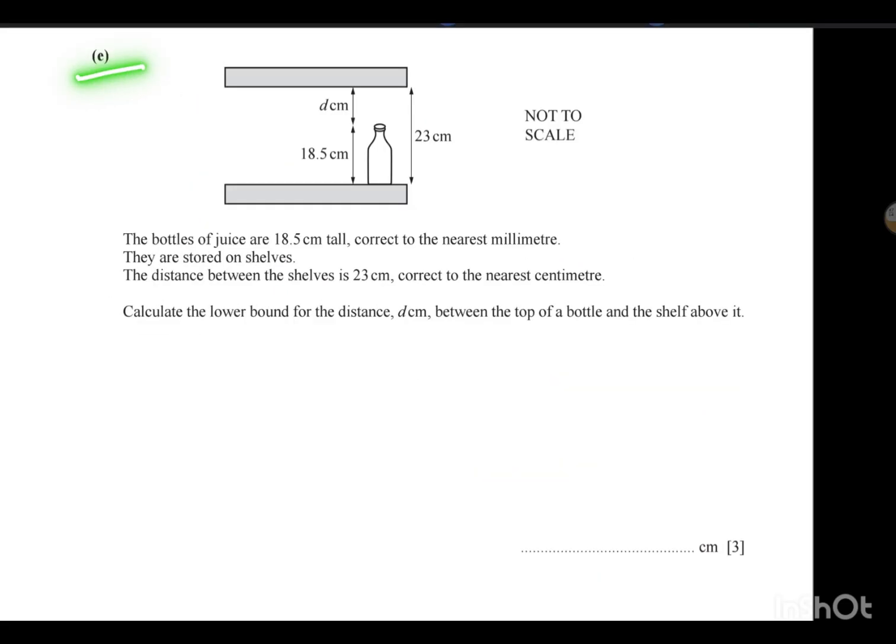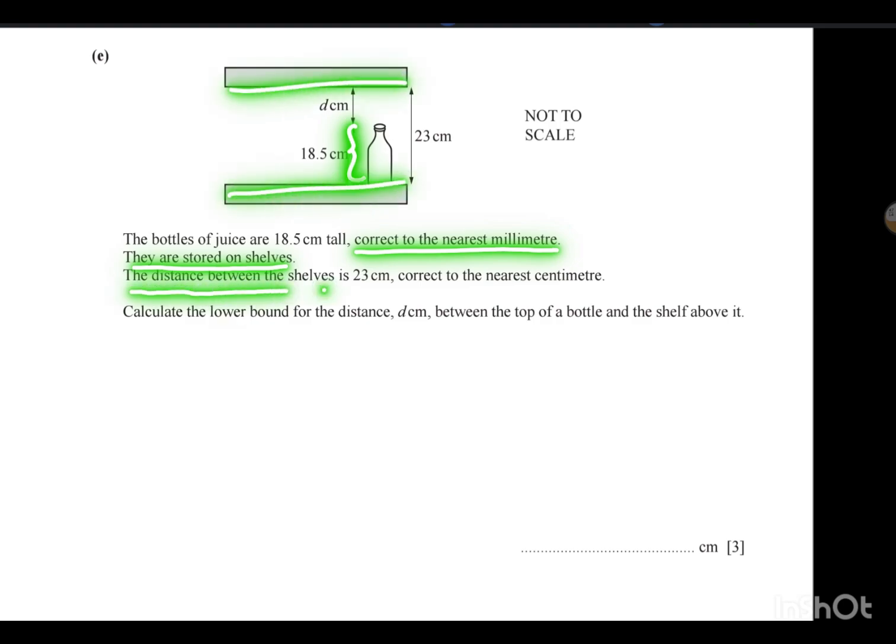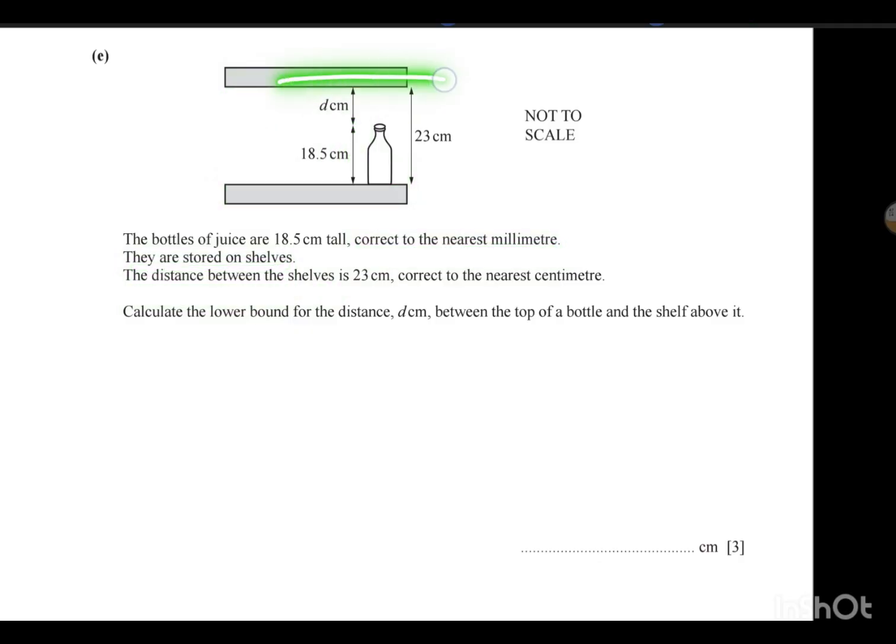Question number E. The bottles of juice are 18.5 centimeters tall, correct to the nearest millimeter. This is the height of the bottle. They are stored on shelves. So this is a shelf. The distance between the shelves is 23 centimeters, correct to the nearest centimeter. So this is a shelf and another shelf, and this distance is also given, that is 23 centimeters.